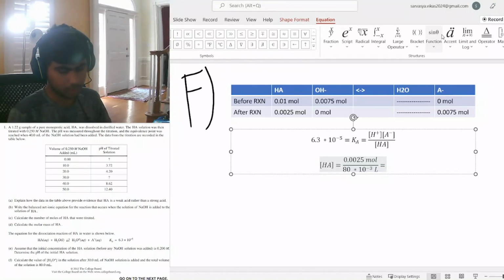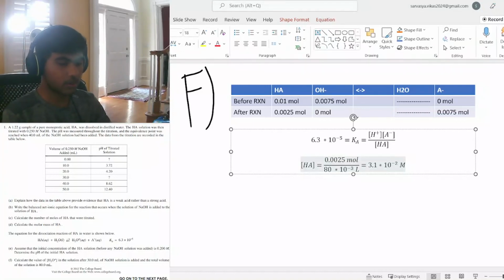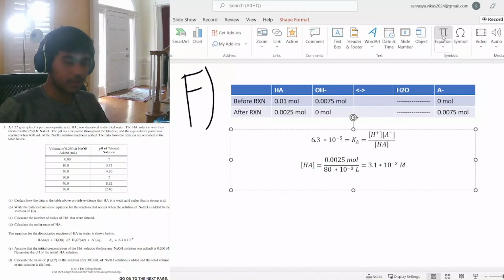Let's open up our calculator, and we get 0.031, which is also known as 3.1 times 10 to the negative 2 molar. And that's our concentration of HA. Then we do the same thing for the A minus, and really we're just going to get the same thing but 3 times as much.